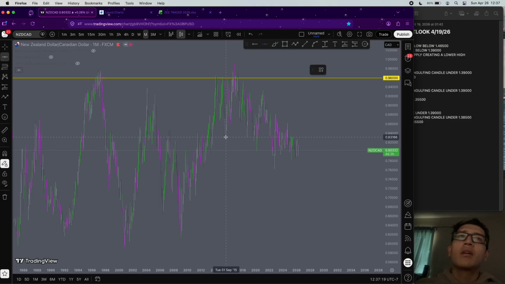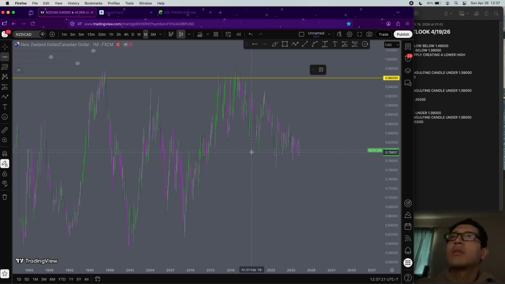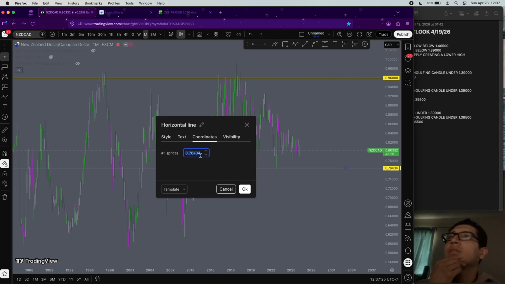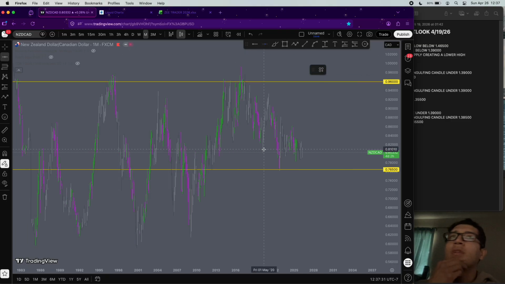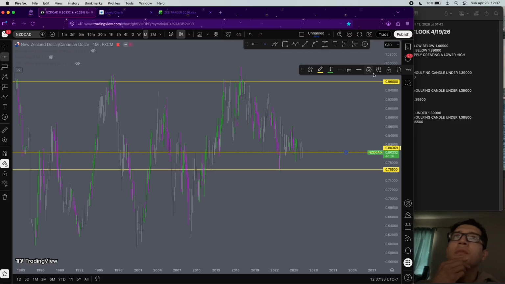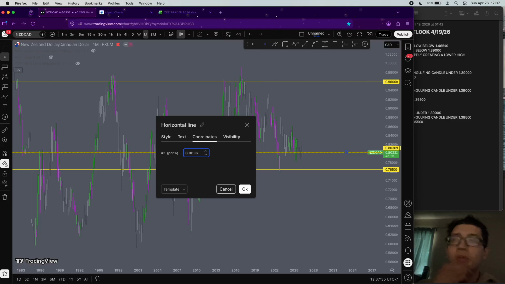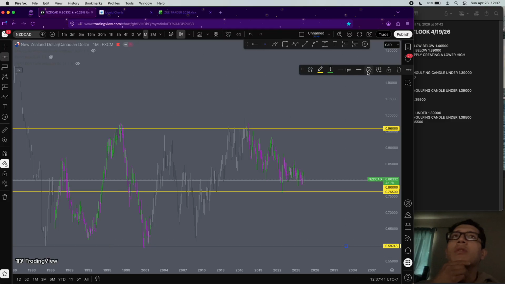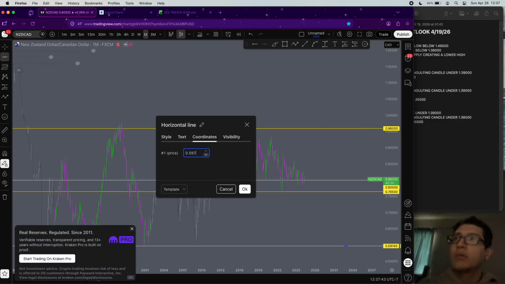And then we got this area right here, 0.76500. And then we have this other right here at 0.80. And then we have this minor, the lowest of the lows, which is 0.60.